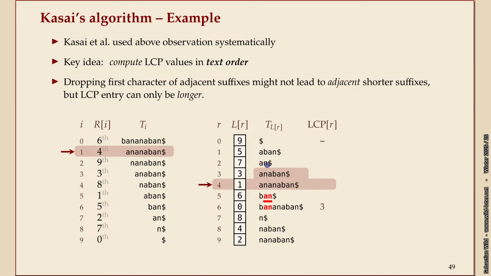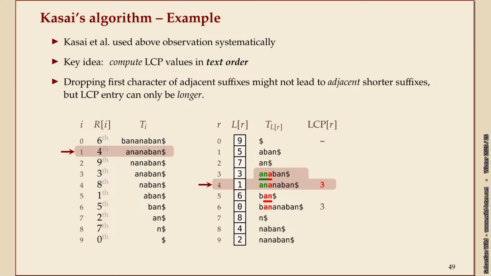That one's up here. There's someone else in between. But these two shared an. Everything in between has to share an as well. Maybe more, but at least these two. So we inherit that these two characters are shared, and we can start computing the next LCP value from 2 onwards. And in this case, we did get another shared character that wasn't here before. So it's another entry 3.